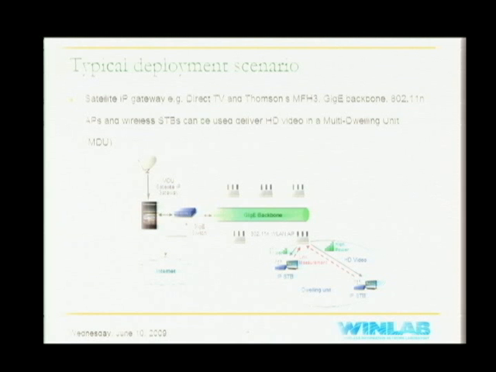As you can see, some stations for IP set-top boxes experience good channel conditions compared to the others. So this gives us room for improvement, where we can use a lower transmit power for stations that are experiencing good channel conditions and a higher power for those that are not.